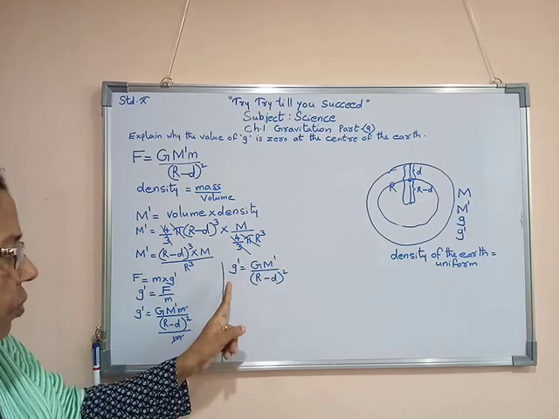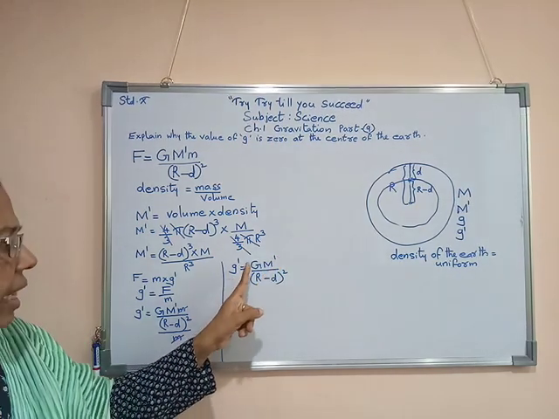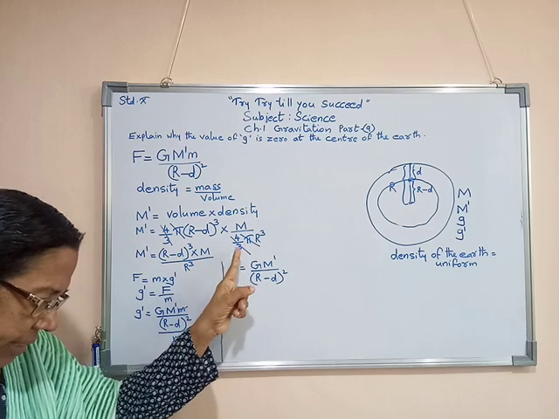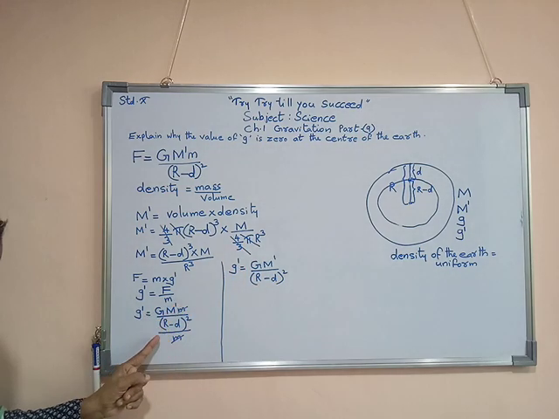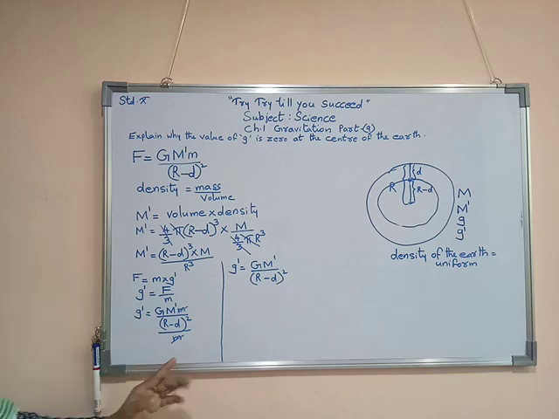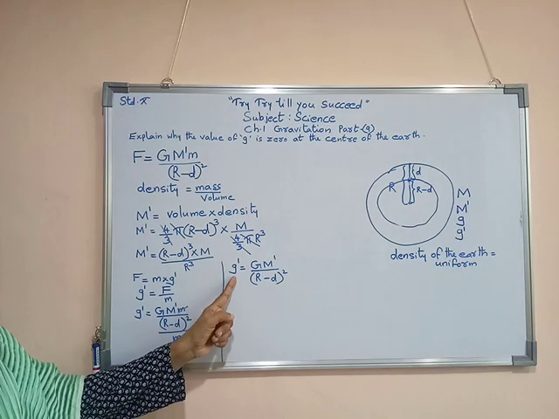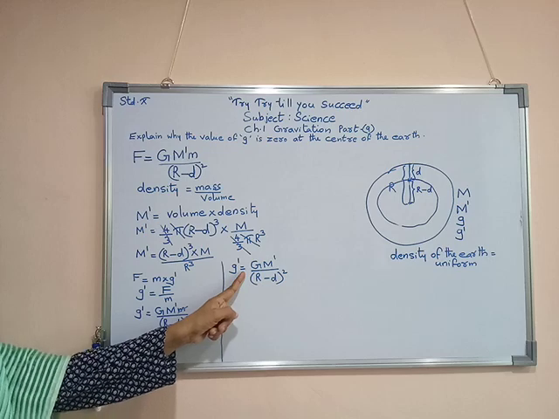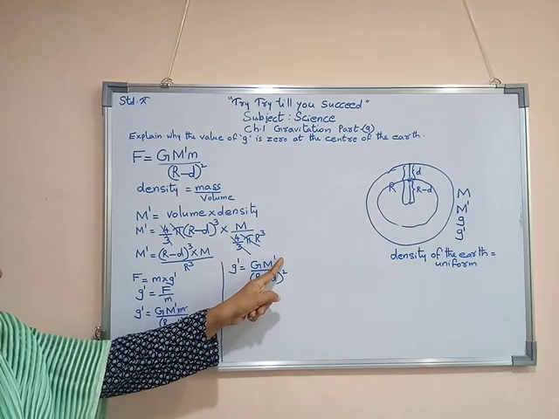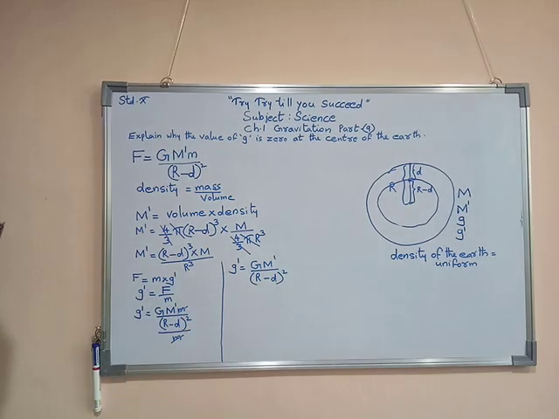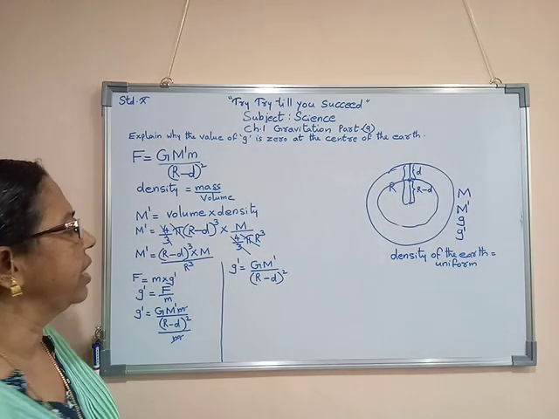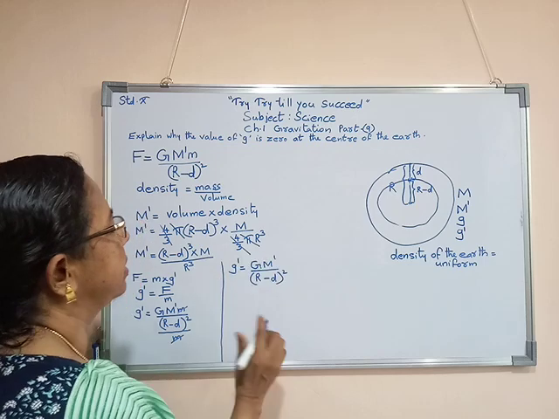Okay. Now we have got the value here, capital G M dash, then small m I cancelled. Now we have got the answer, G dash is equal to capital G capital M dash upon (R minus D) square.